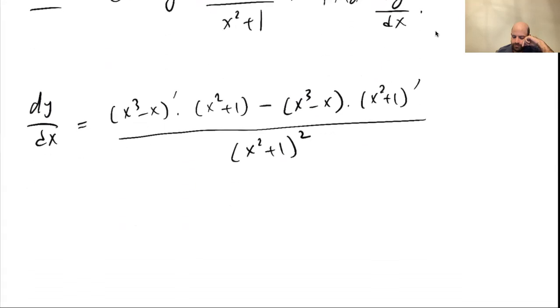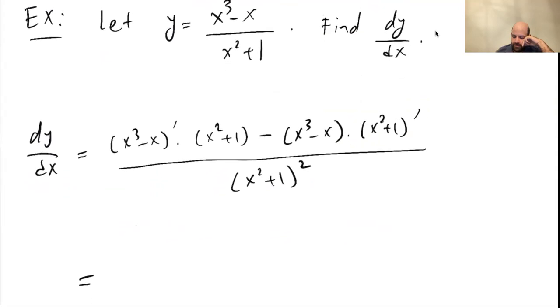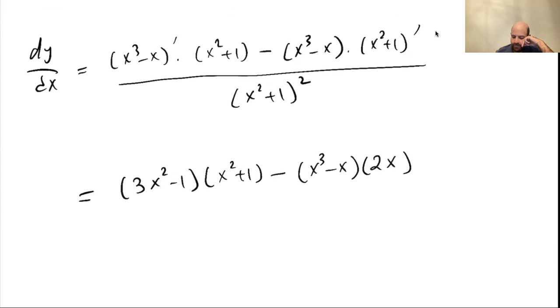And then what will be the derivative? So x cubed minus x, derivative means 3x squared minus 1, times x squared plus 1, minus x cubed minus x times the derivative of x squared plus 1, which means 2x, divided by x squared plus 1 the whole squared.